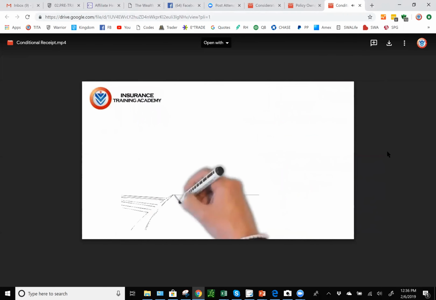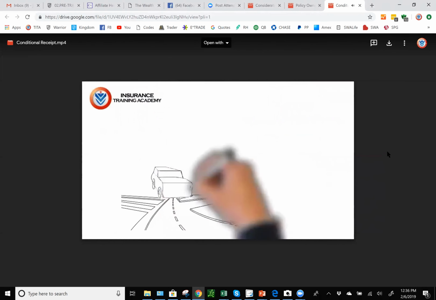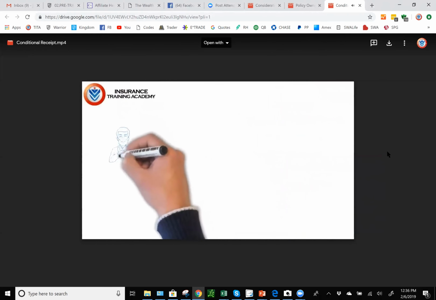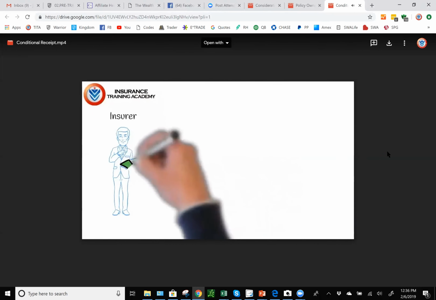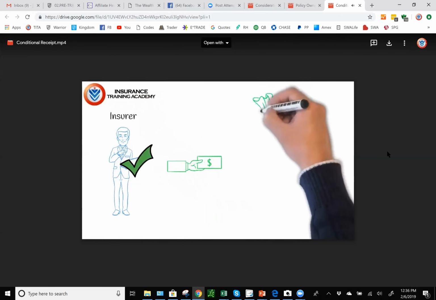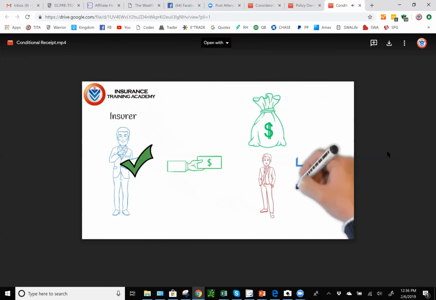Jane is driving down the road, a leisurely Sunday drive, and all of a sudden, bam, here comes this deer out in front of her and kills her. Well, the insurance company, they haven't completed underwriting her policy. Underwriting would continue, and as long as they would have approved her anyway, and as long as she had paid that premium, then they would pay a death benefit to her beneficiary.